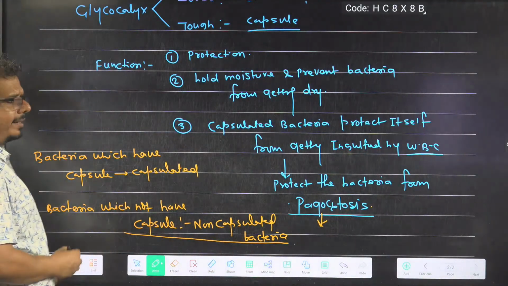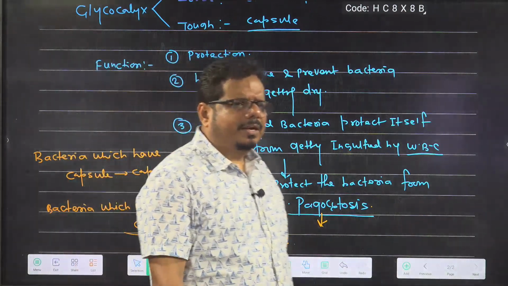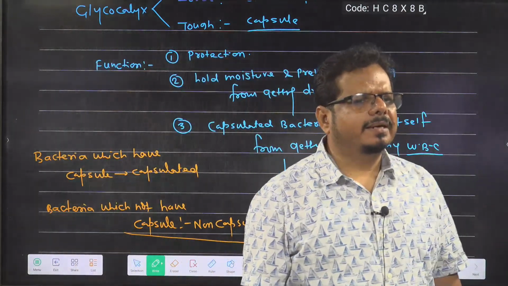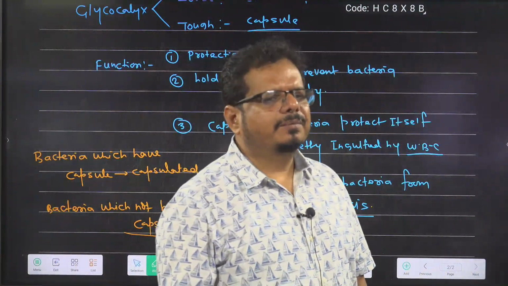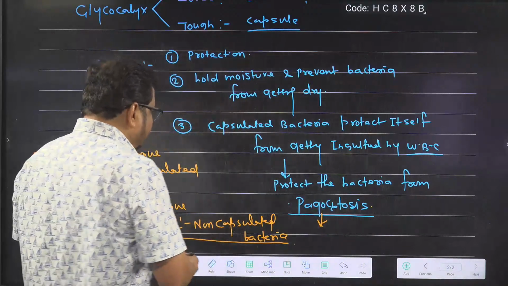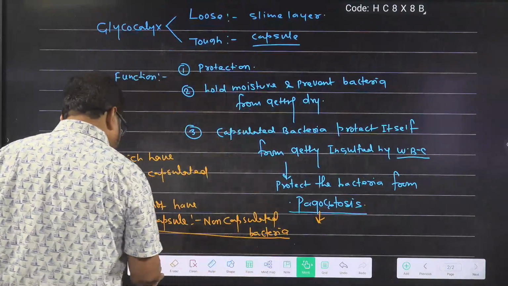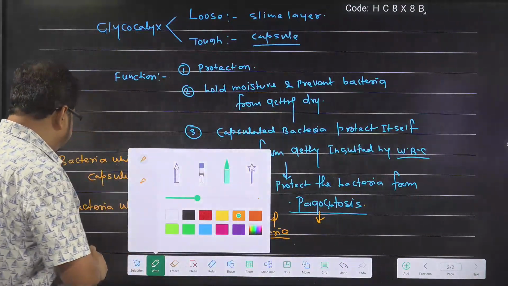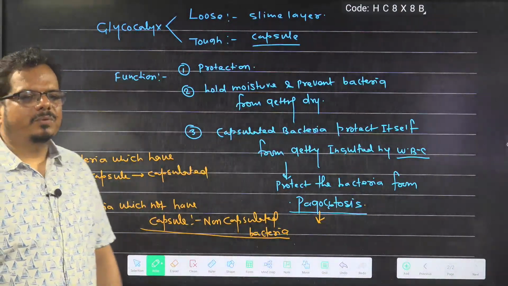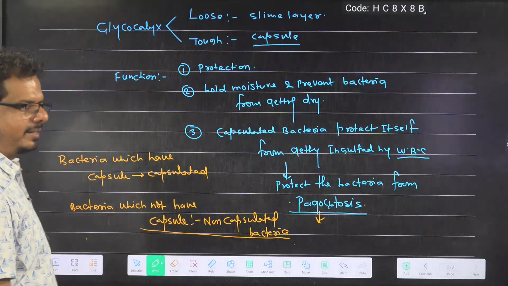Who protects themselves from our WBC? Capsulated bacteria or non-capsulated bacteria? Capsulated bacteria protect themselves. Got the idea?